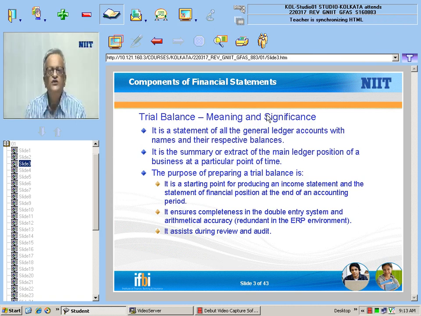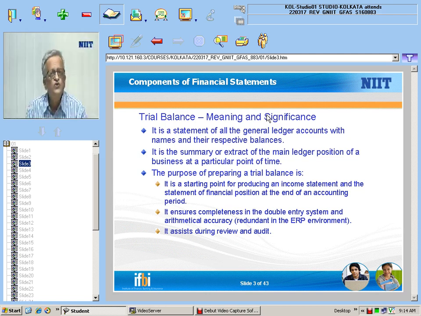Okay, trial balance, meaning and significance. What is the trial balance and what is the significance? Significance means importance. What is the meaning and what is the importance of the trial balance? First point, it is a statement of all general ledger accounts with names and their respective balances.